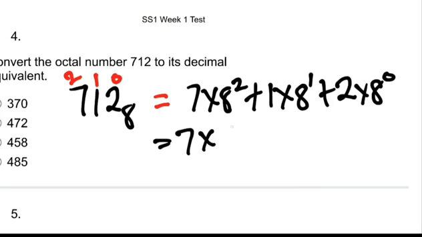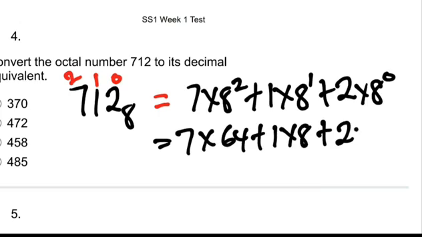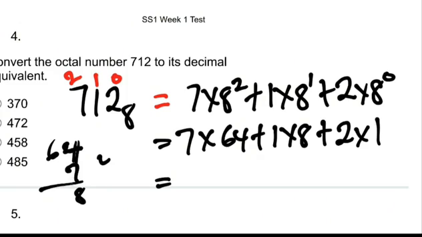That is 7 times 64 plus 1 times 8 plus 2 times 1. So 64 times 7 is 448, plus 8 plus 2.